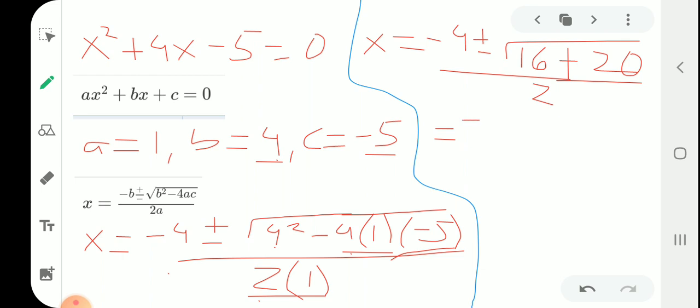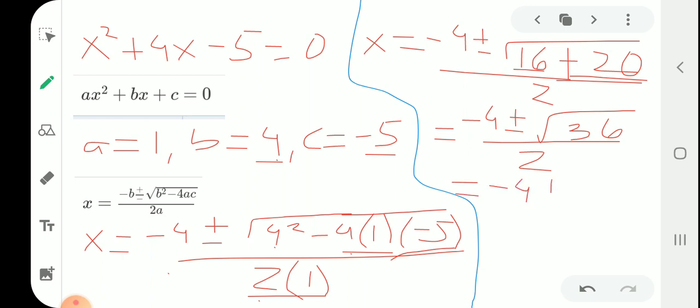So we continue: negative 4 plus and minus the square root of 16 plus 20, that would be the square root of 36, over 2, which is equal now to negative 4 plus and minus the square root of 36. The square root of 36 would be 6, over 2.